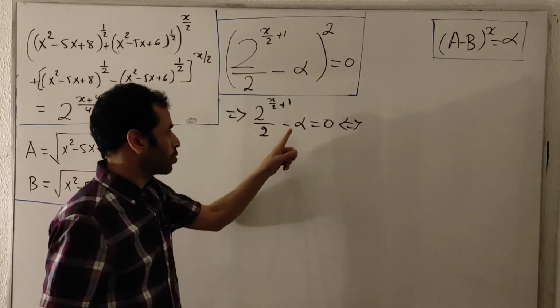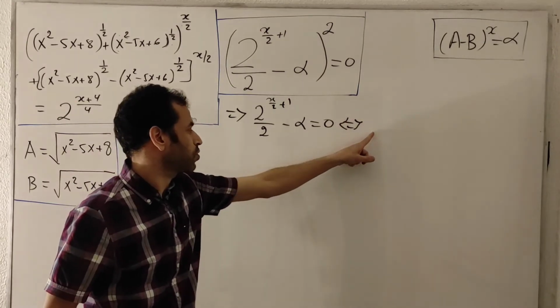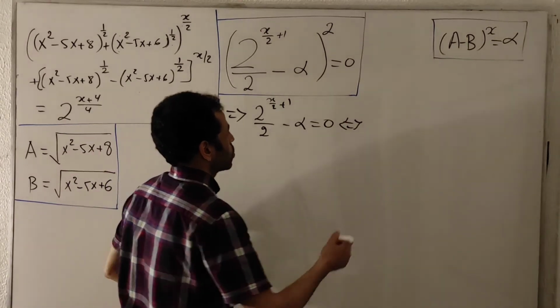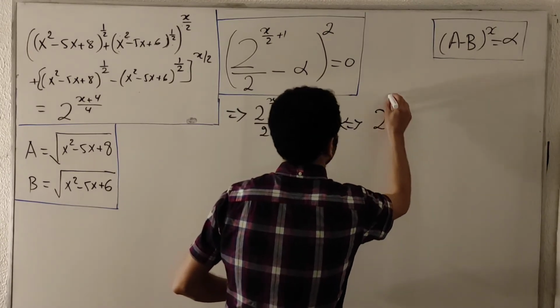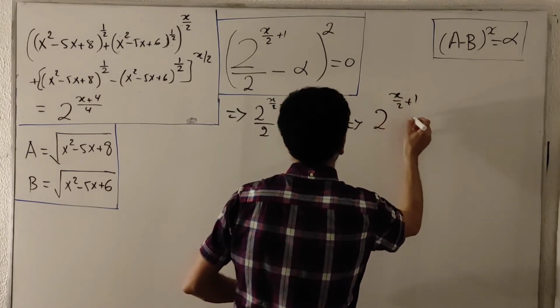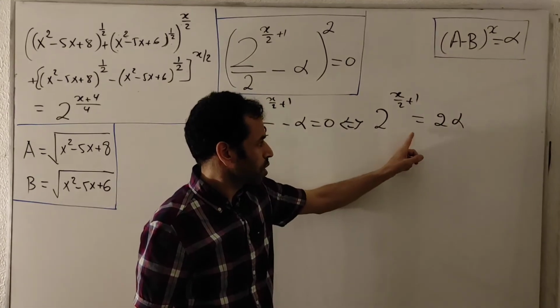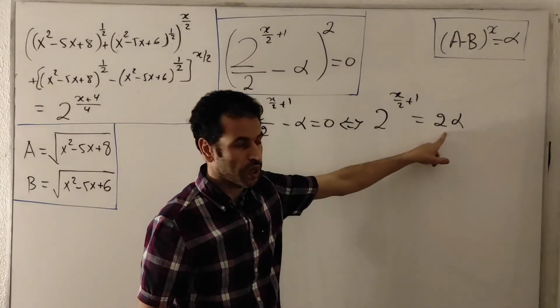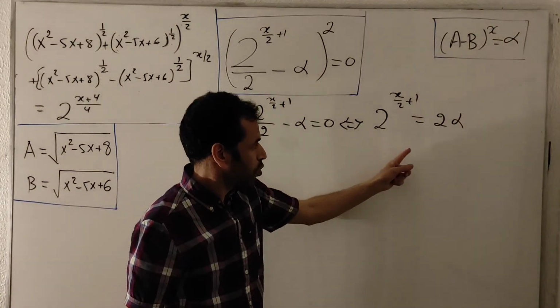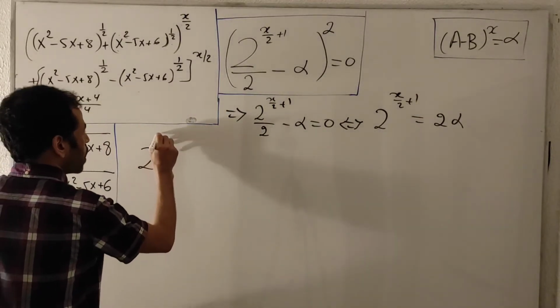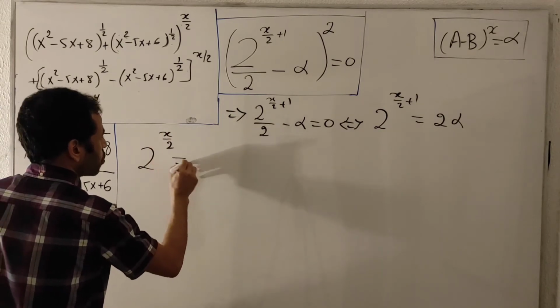I'm going to take this alpha to the right-hand side and multiply both sides by 2. So I will get 2 to the x over 2 plus 1 equals 2 alpha. I'm going to cancel this 2 on the right side by dividing both sides by 2. I will get 2 to the x over 2 equals alpha.